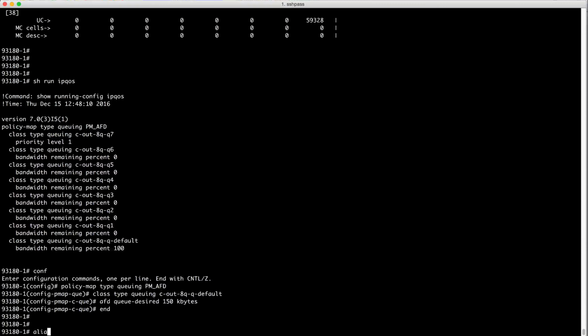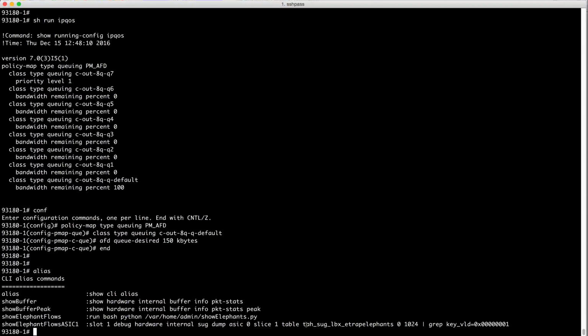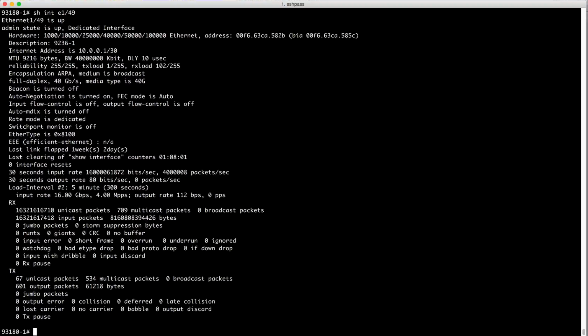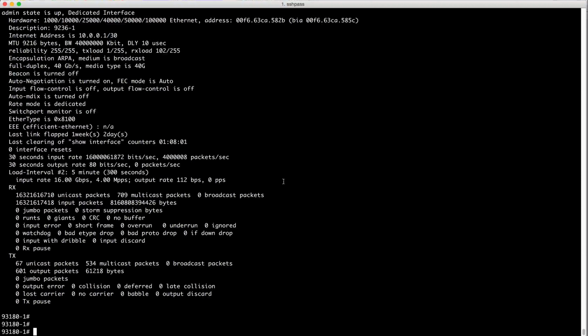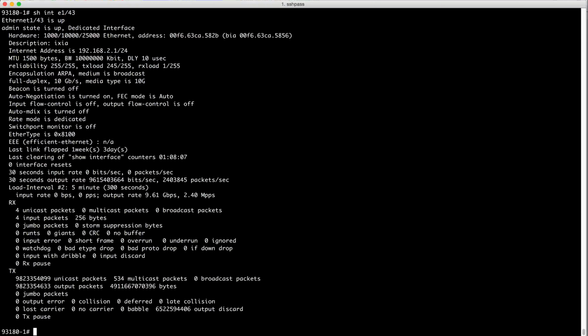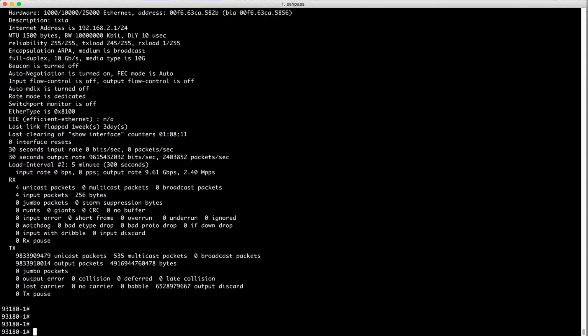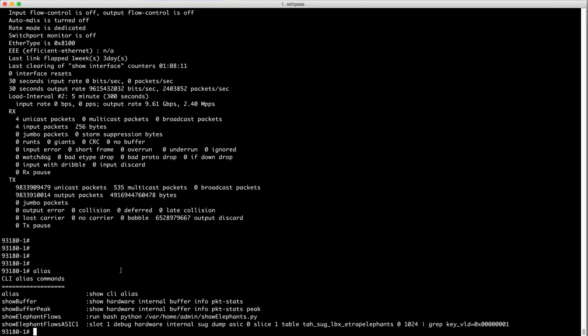Okay, so now the microburst is stopped, but the elephant flows are still going through, right? We still have the 16 gig traffic going, and that elephant flow going out of port 43. So we have a CLI.